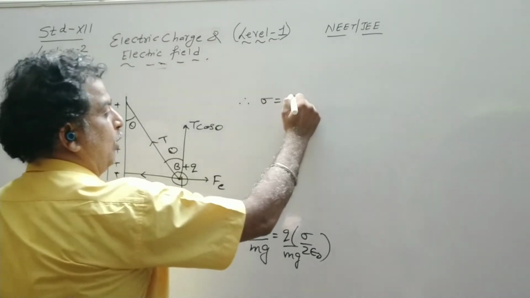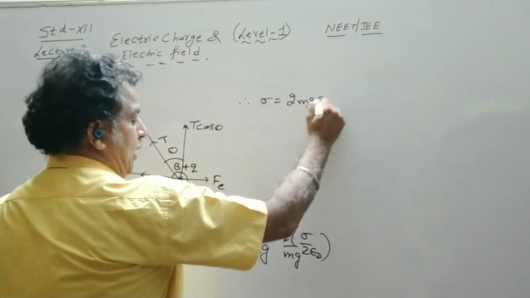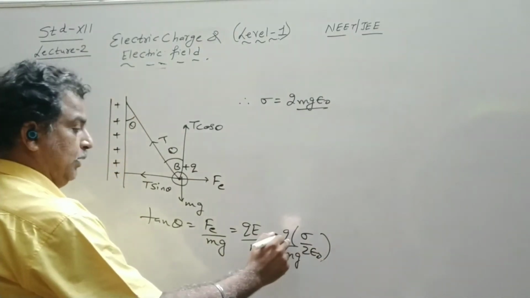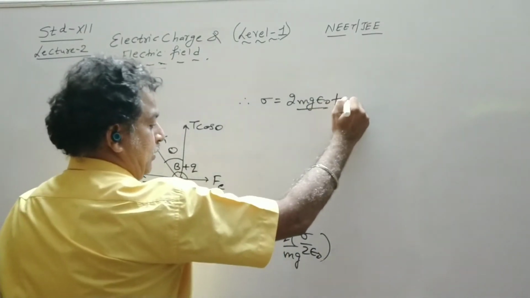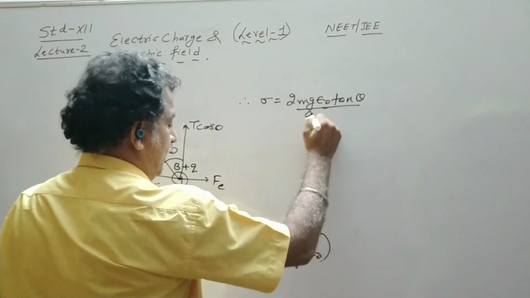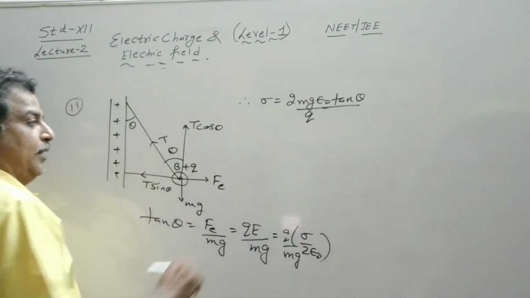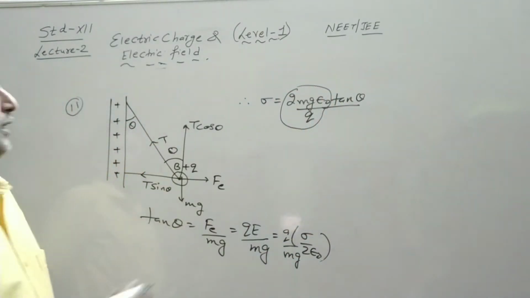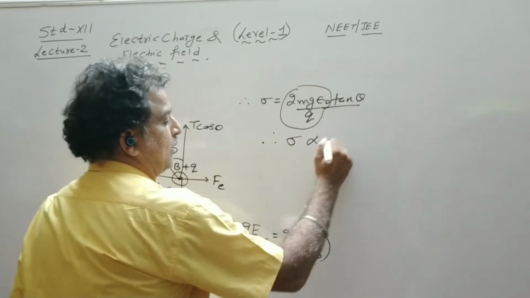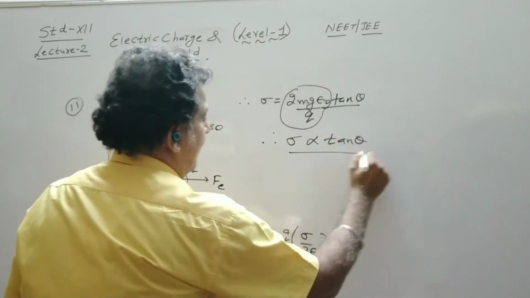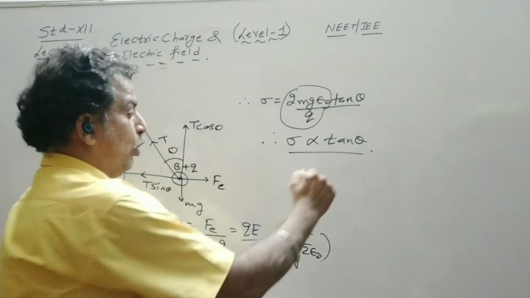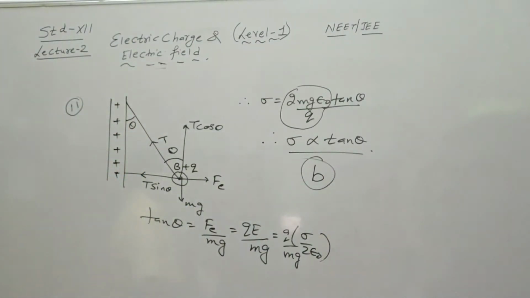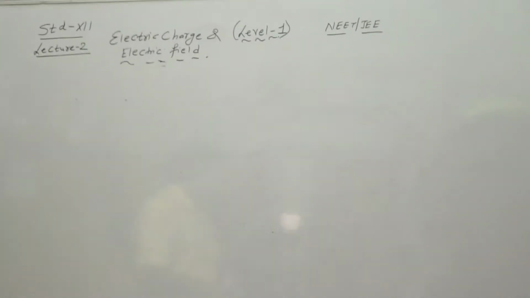So sigma is equal to 2mg epsilon naught tan theta, by cross multiplication, divided by q. So we take all these terms here. All these terms are constant. Therefore, sigma is directly proportional to tan theta. So we have our option B. So surface charge density is directly proportional to tan theta.